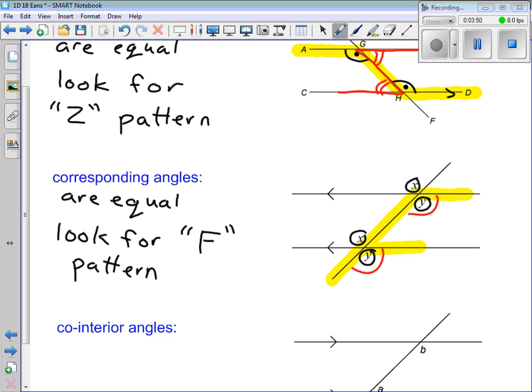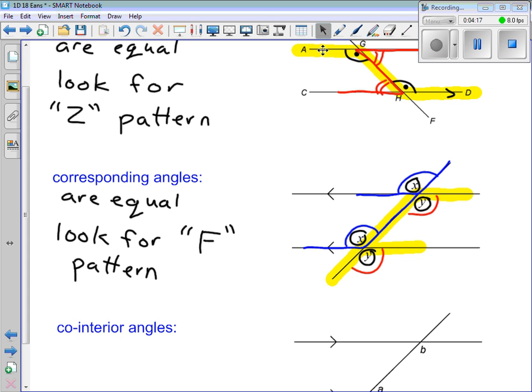Now our F can be backwards, it can be upside down, it can be sort of rotated any way we want. So we could find an F pattern kind of like this. Okay, again, parts of those two parallel lines form the arms of the F. And the two angles that are sort of, in this case, on top of the arms are the same. So X and X are corresponding angles.